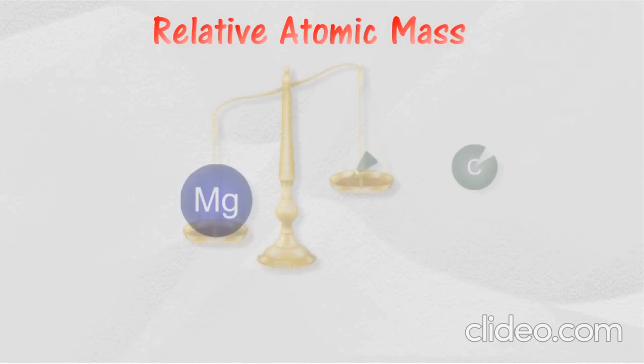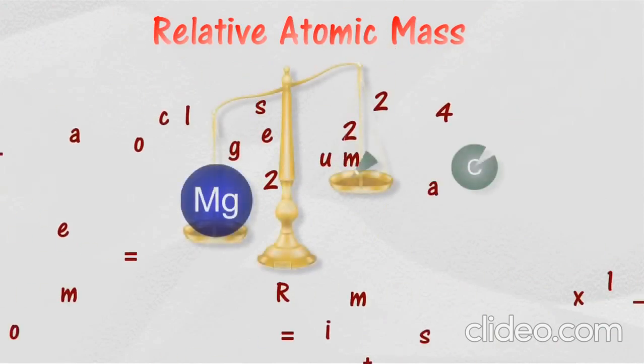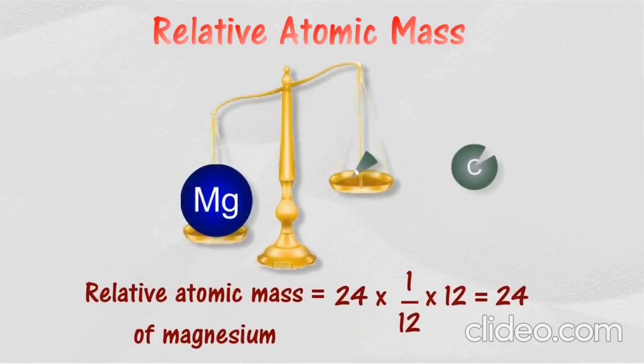For example, if a magnesium atom is 24 times greater than 1/12 of the carbon-12 atom, thus, the relative atomic mass of magnesium will be 24. Just a quick note, the relative atomic mass has no units. Relative molecular mass can also be determined through comparison with the carbon-12 atom.